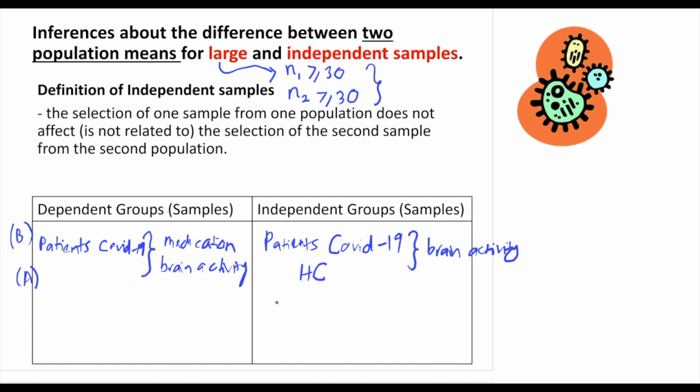Let's take another example. Now I have female students and male students in my class. Let's say I would like to conduct a study to investigate the difference of their final exam marks. So the first group of subjects would be the female subjects of my class, and the second group of subjects would be the male subjects of my class.